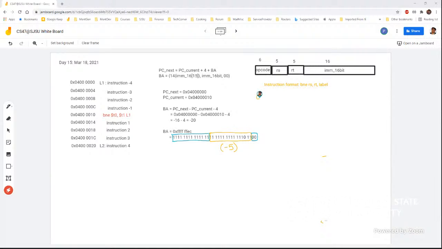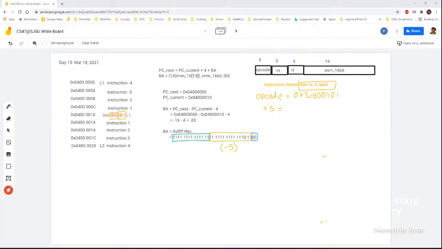BNE opcode is 5, which in 6-bit is 0, 0, 0, 1, 0, 1, and then RS. The mnemonic for this is BNE, RS, RT. So T0 is RS, T1 is RT in this case.